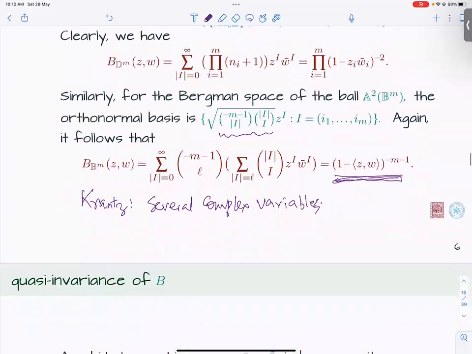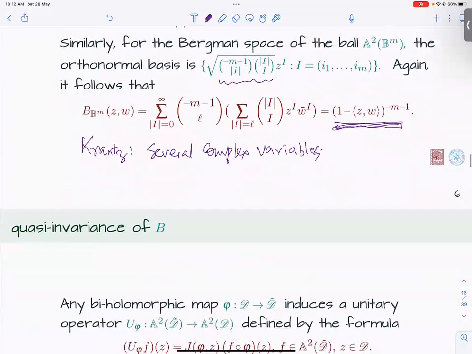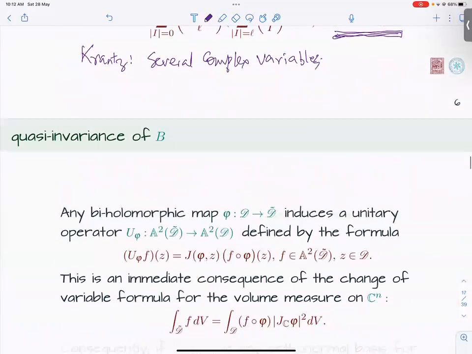Okay, so that's so much for the Bergman kernels, specifically for the Euclidean ball and the polydisk.